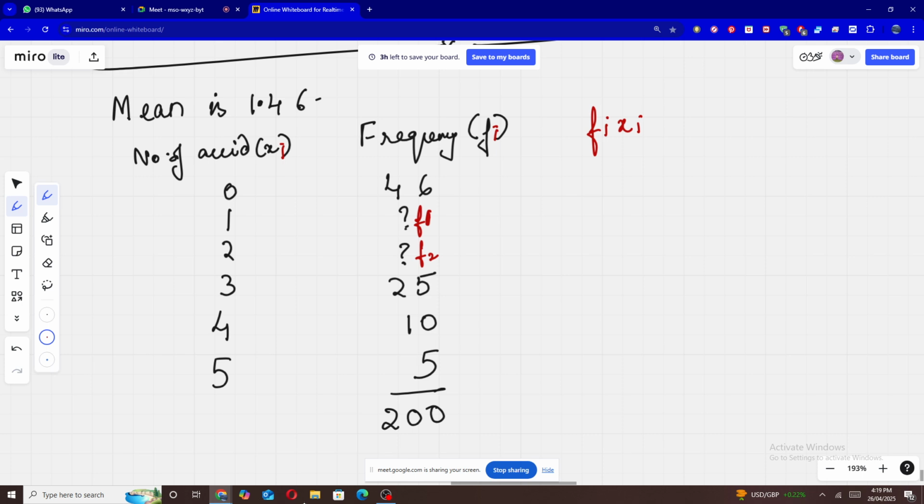The total is 200. 640 something. Let him comment and see. 640 plus Fi. What are the values coming for Fi, Xi? Atishay, what's the value coming for the Fi, Xi column?